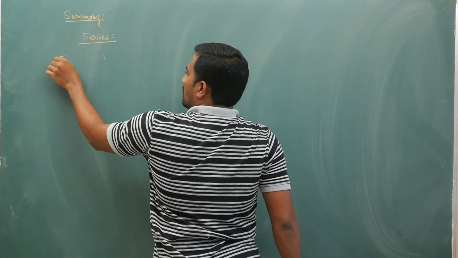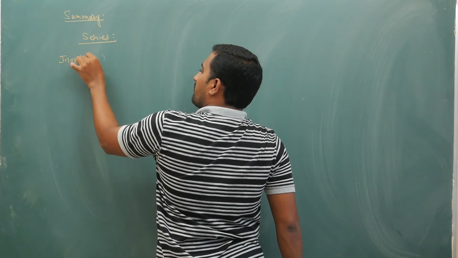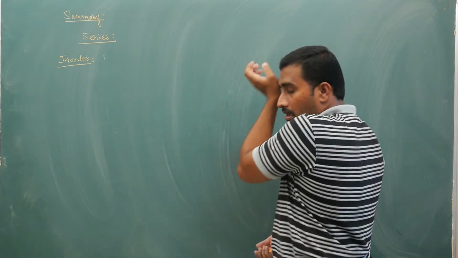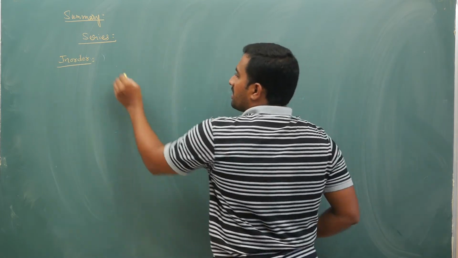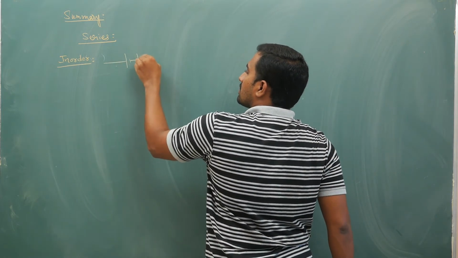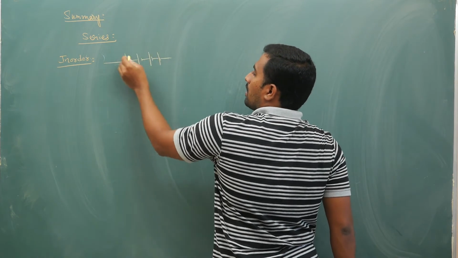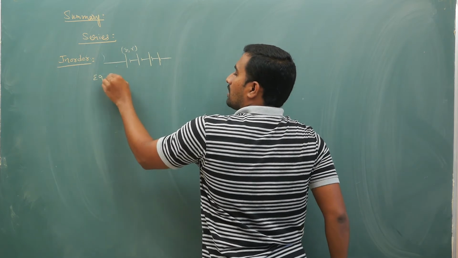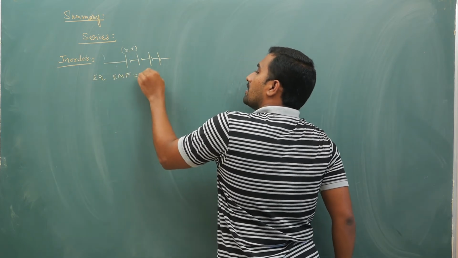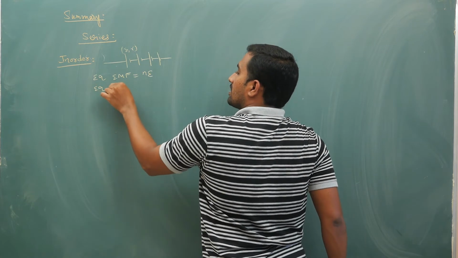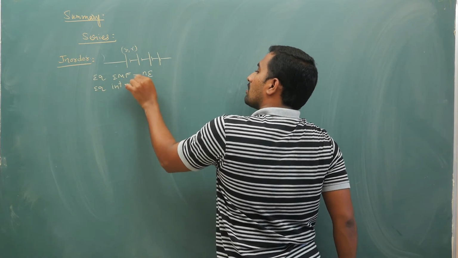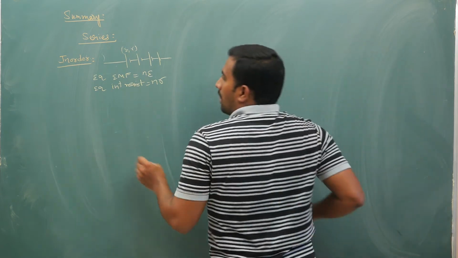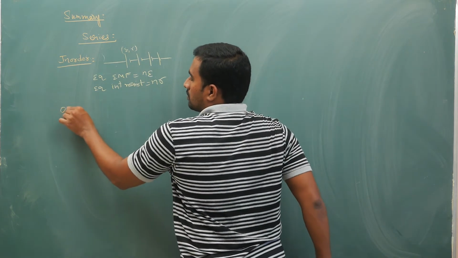In order connection, for identical cells, in order connection means everything is connected in sequence, E comma R like this. In this case your equivalent EMF is N into E, equivalent internal resistance is N times R.